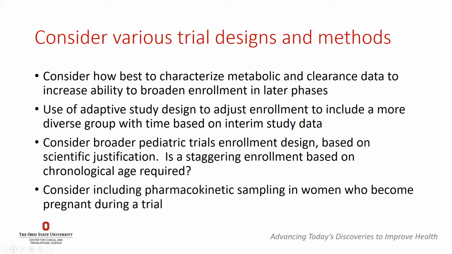So there again, consider how best to characterize metabolic and clearance data to increase the ability to broaden enrollment in later phases. So again, they're saying that during your initial phases and your analysis, look at some of those instances that may be across ethnicities and different racial populations.